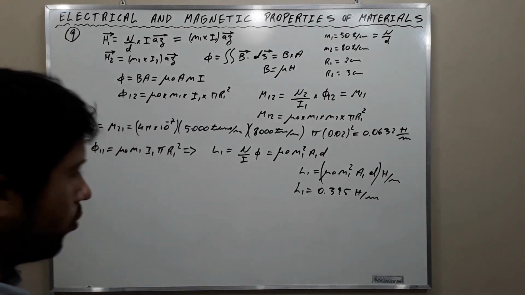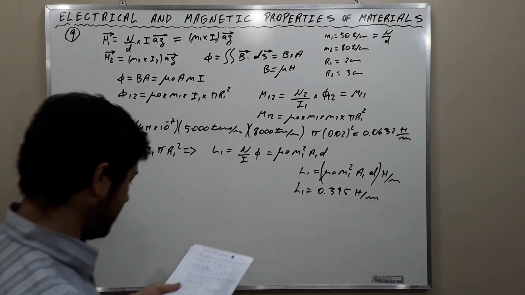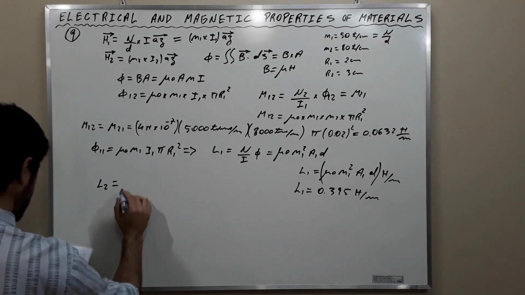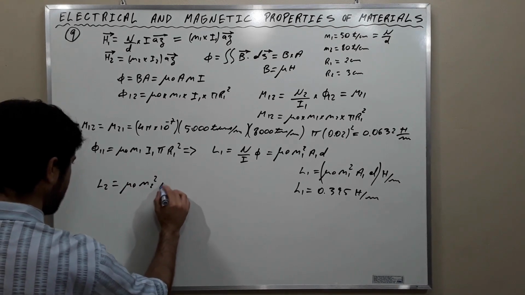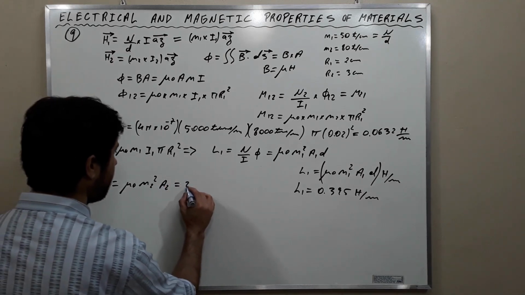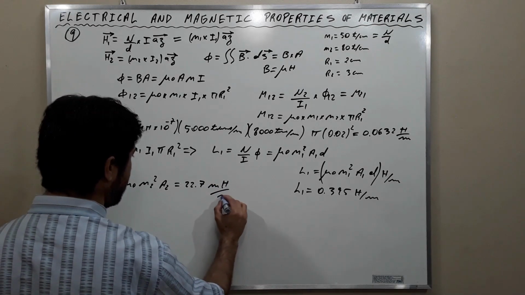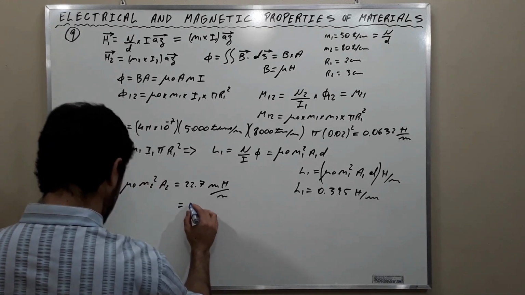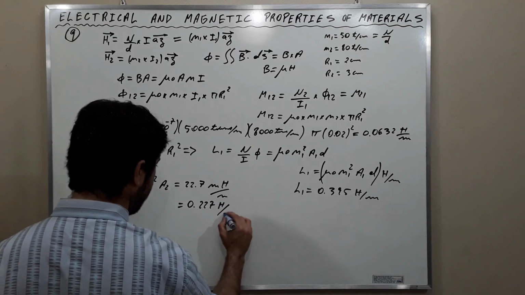And in a similar way, using this expression, we find that L2 is equal to mu 0 N2 squared times A2, which is equal to 22.7 millihenry per meter, or if you prefer, 0.227 Henry per meter.